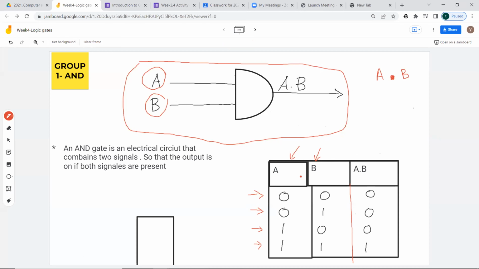For example, here you have two separate inputs. That means you will have 2 to the power 2 number of entries for this truth table, right? 2 to the power 2 means 2 into 2. Okay, 2 into 2 entries will be there. Here you have 1, 2, 3, and 4. 4 entries are there. Okay, you have to remember that.